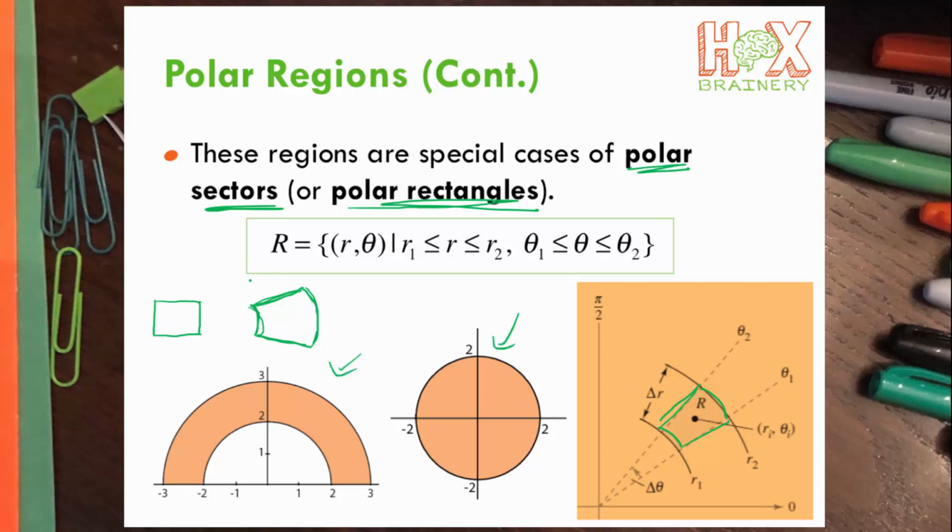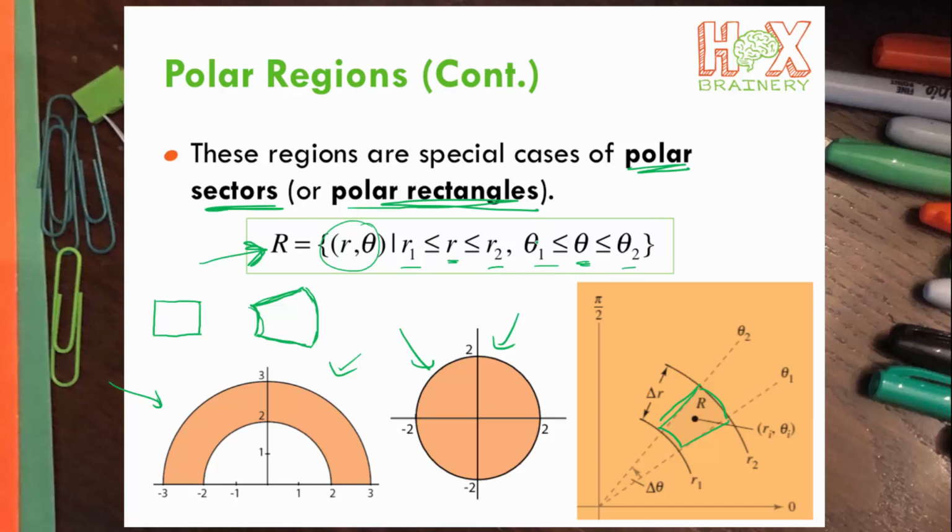Now I will bring up the polar sectors again in a couple slides from now, when I get into the integration. But for now, let's just do a quick example where we describe regions like these using polar coordinates. So what we'll do is we'll say R is equal to all ordered pairs (r, theta) such that r is between two radii and theta is between two angles.